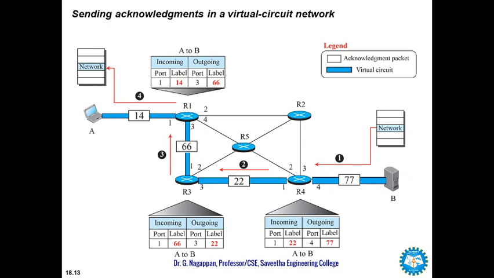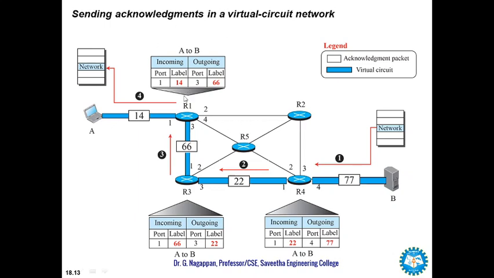So R4 sends the acknowledgement to R3. R3 contains the incoming label, and R3 uses this as the outgoing label in the table. So this process continues until it reaches the source.